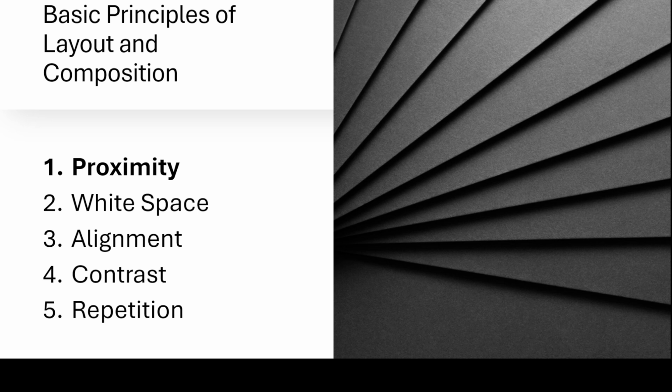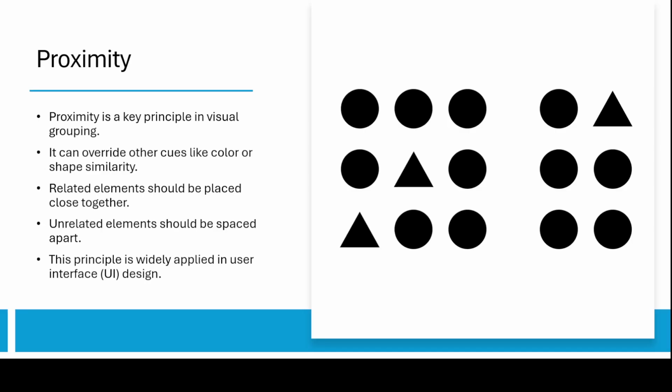So, in the basic principles of layout and composition, you should be able to explain the concepts of proximity, white space, alignment, contrast, and repetition. Proximity is a key principle in visual grouping. It can override other cues like colors and shape similarity.